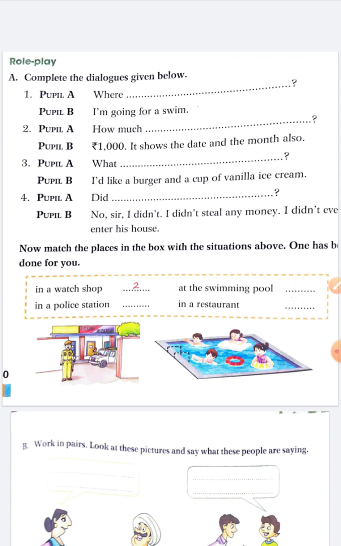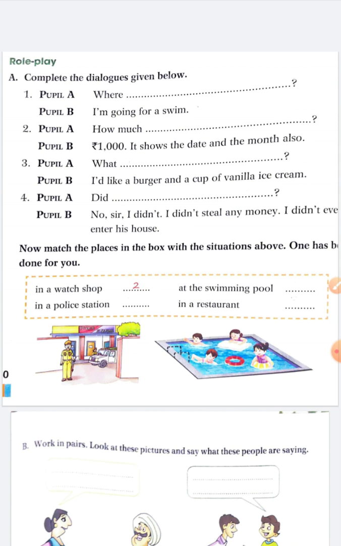Then you usually answer, yes, I did, or no, I did not. So this is what pupil B is saying. No, sir, I did not. I did not steal any money. I didn't even enter his house. So the question must be, did you steal his money? Question mark is already there. We just have to write few words.